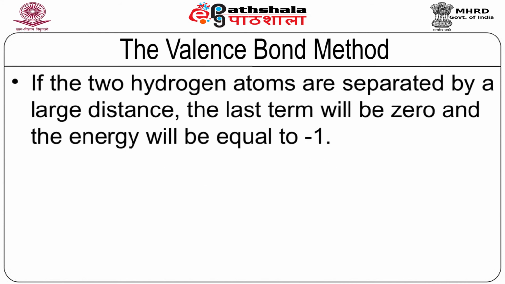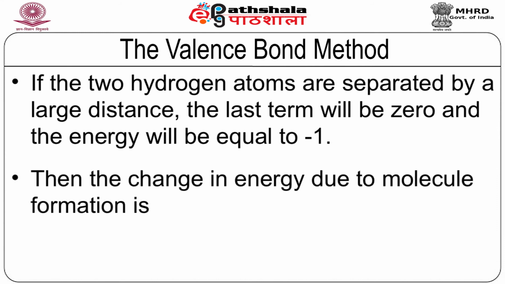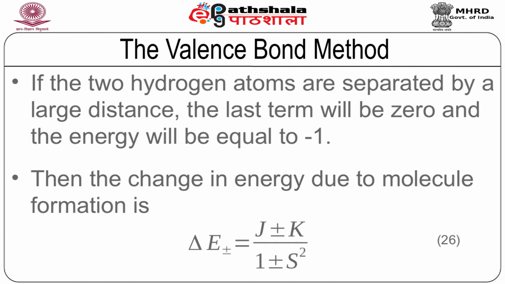If the two hydrogen atoms are separated by a large distance, the last term will be 0 and the energy will be equal to minus 1. Then the change in energy due to molecule formation can be written as delta E plus minus, and that is equal to J plus minus K by 1 plus minus s square.